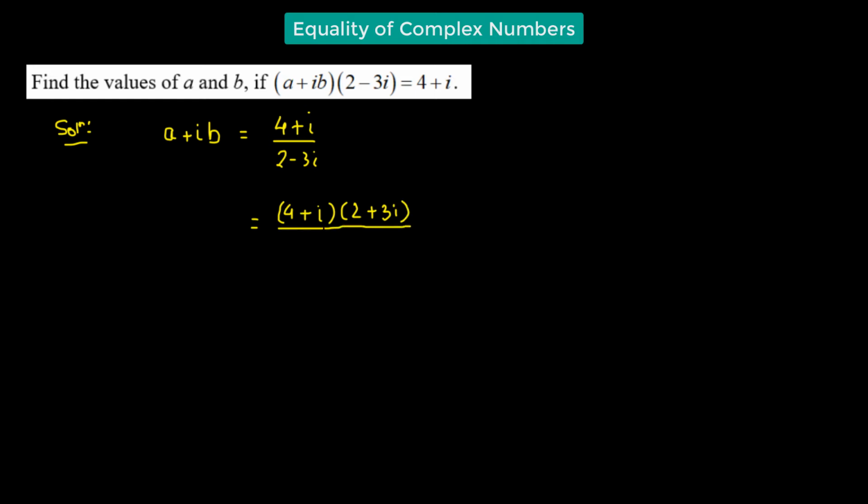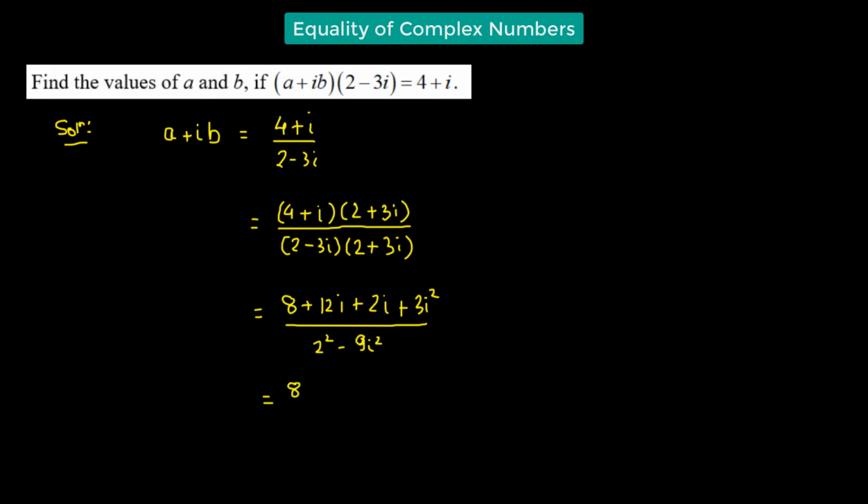Then we have to repeat the procedure in the denominator as well. So we multiply 2 minus 3i by 2 plus 3i. This is equal to 4 times 2 is 8, plus 4 times 3i is 12i, plus 2 times i is twice of i, plus 3 times i, which will be 3i squared, divided by 2 squared minus 9i squared. 3 squared is 9.